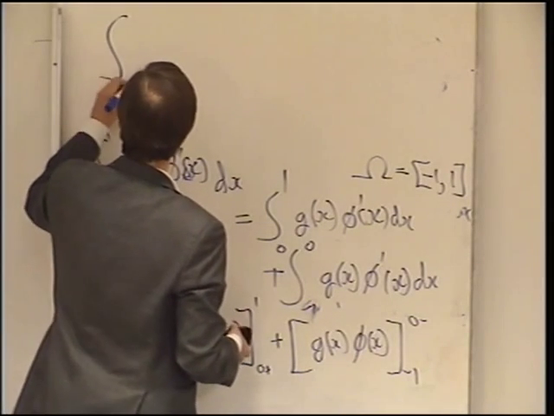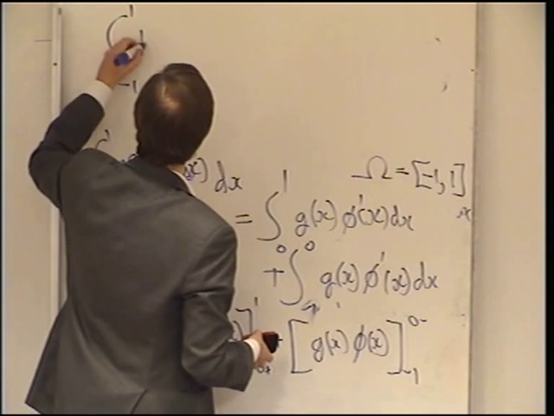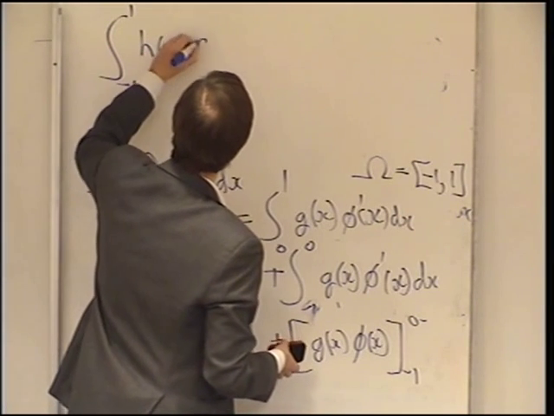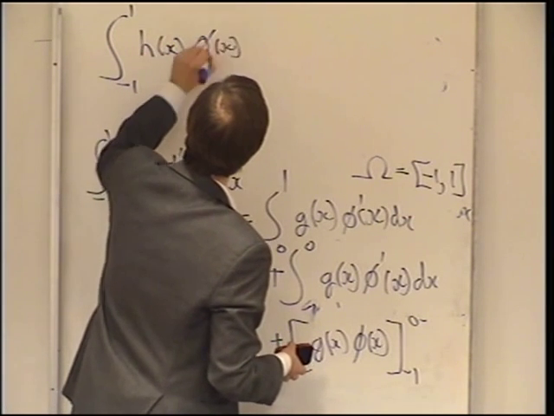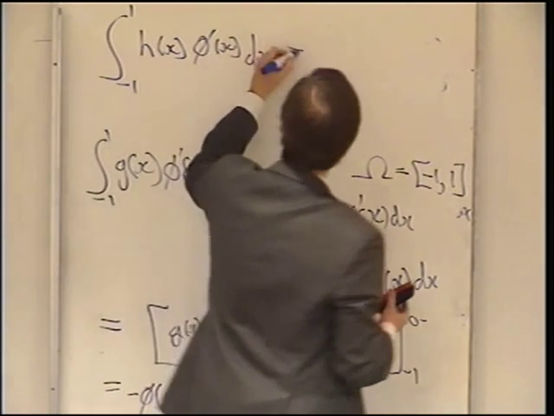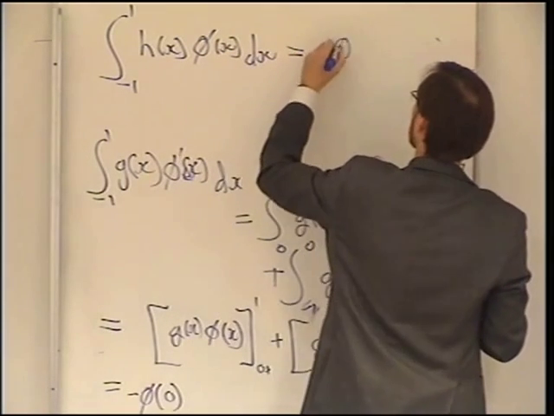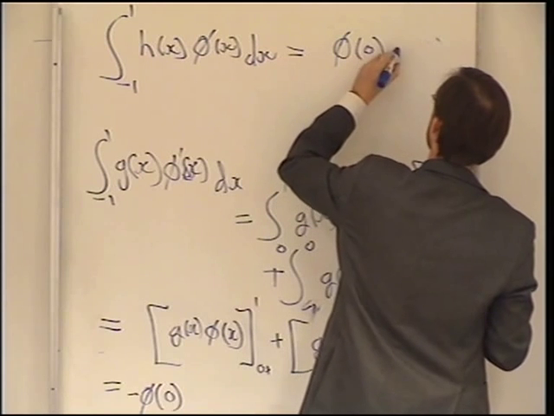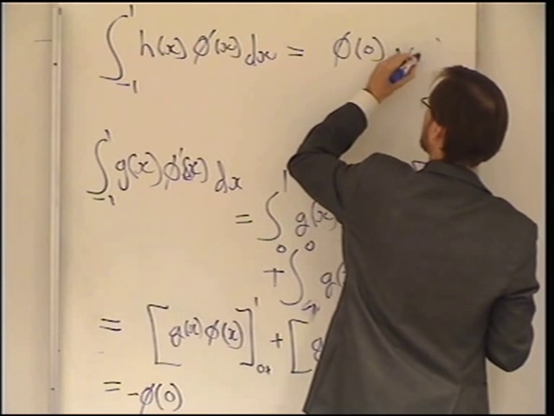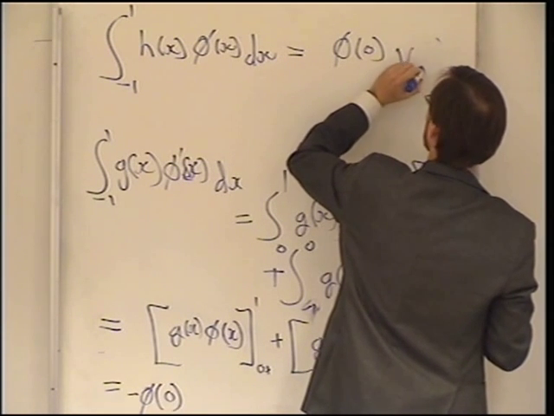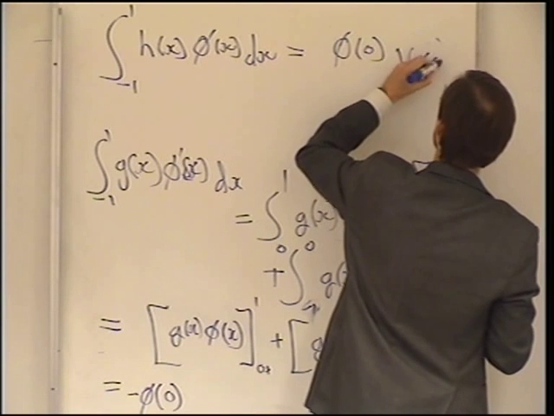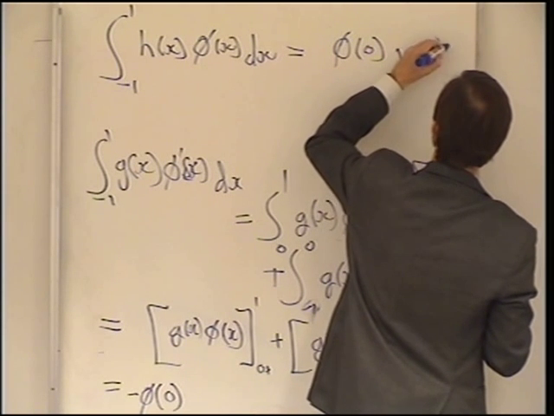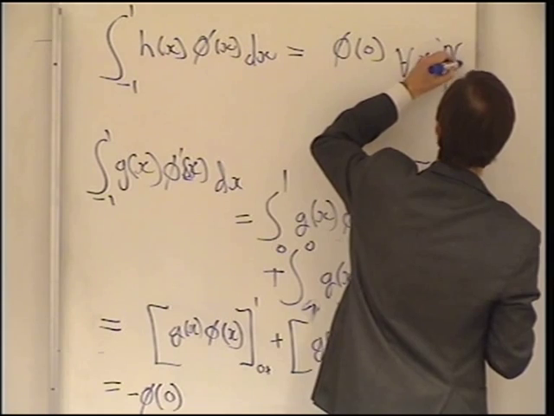The integral from -1 to 1 of h of x phi of x dx equals phi at 0 for all phi in the appropriate space, which in this case is D of omega.